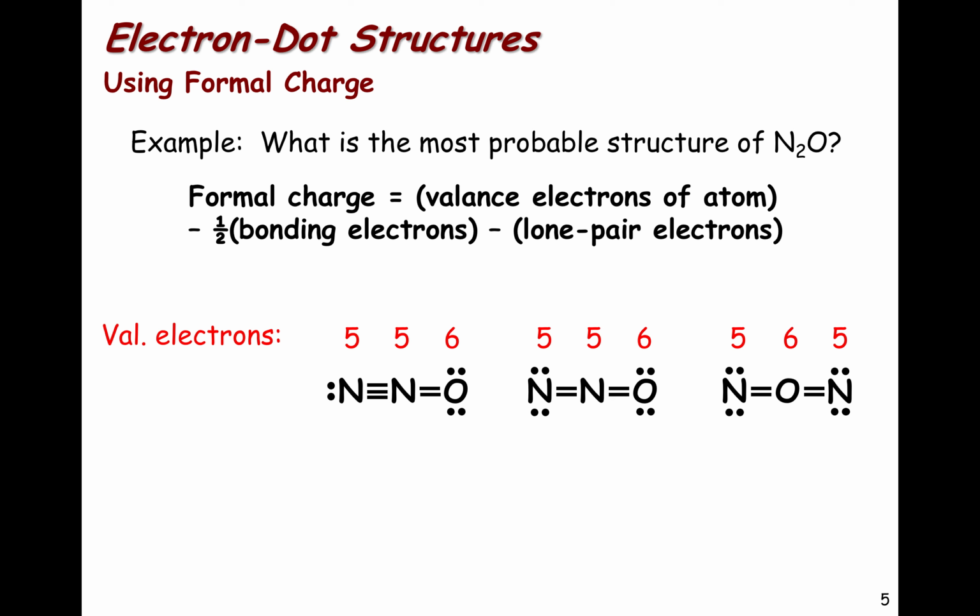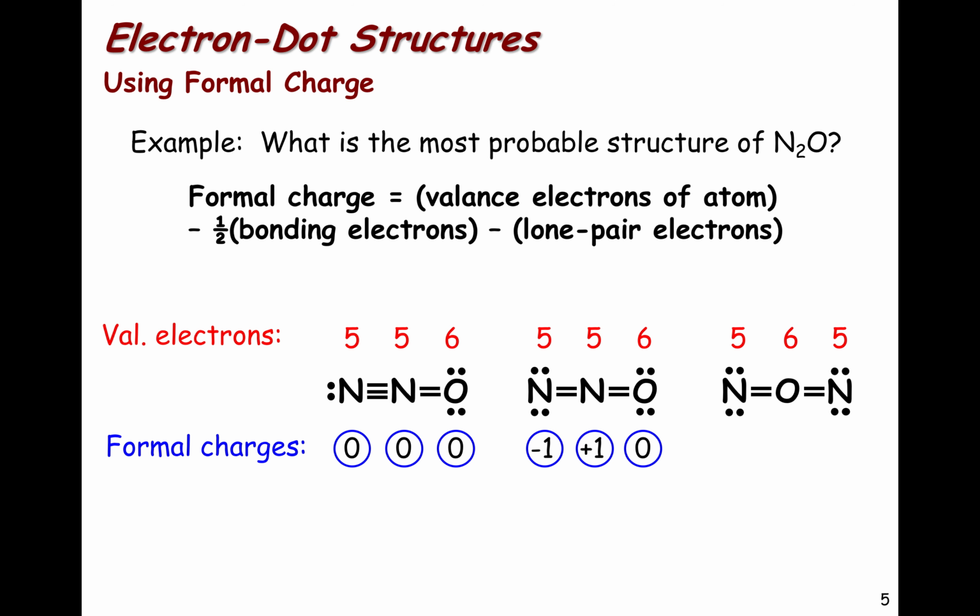The number of valence electrons are shown here. If we calculate our formal charges for the structure on the left, while this does produce formal charges of 0 for all the atoms, again the problem is the violation of the octet for the central atom. For the second structure, we end up having formal charges on both of the nitrogens, +1 for the central atom and -1 for the terminal nitrogen.